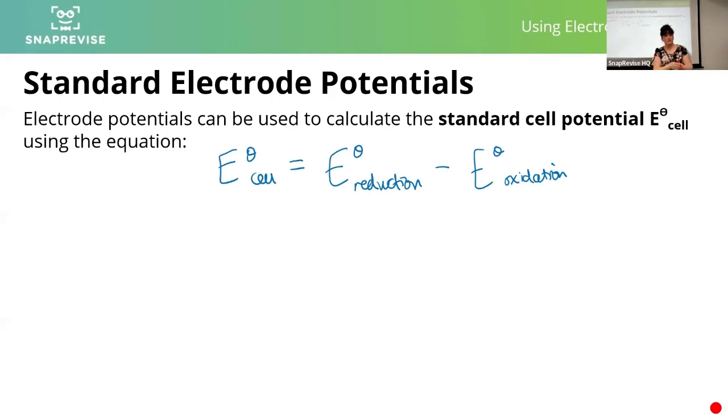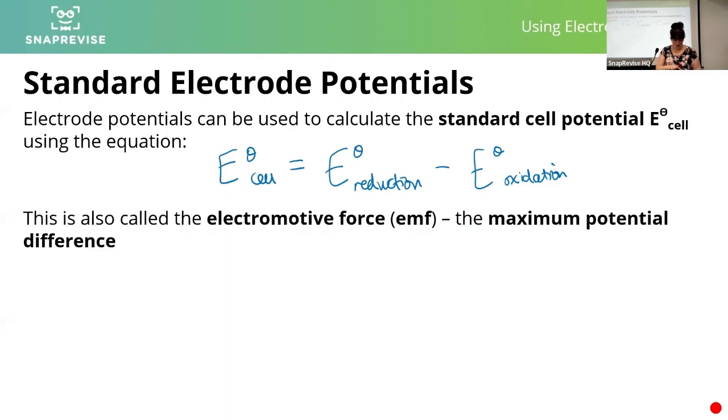If you're not happy with using the equation, I'm just going to give you a different way to think about it, where you don't need to use an equation as such. You can work it out using what's going on. The E cell potential is also called the electromotive force. It's the push behind that cell.